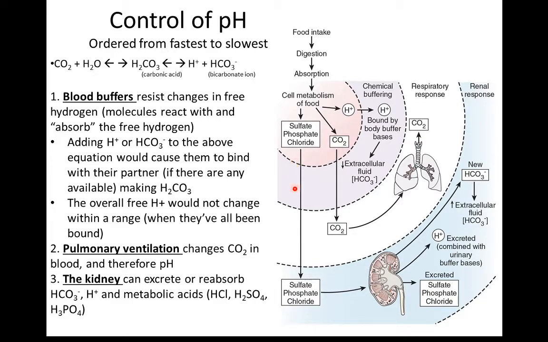Our blood buffers provide the chemicals that we need to take on some hydrogen ions, as well as some chemicals that are acidic and can help to buffer the alkaline substances. Carbon dioxide is an acid when dissolved in water, and when we think of pH, carbon dioxide is the primary acid component, while bicarbonate is the primary alkaline component.